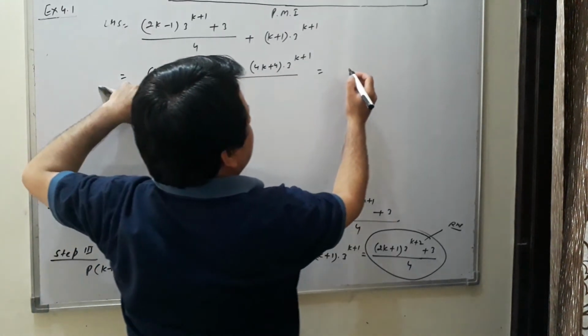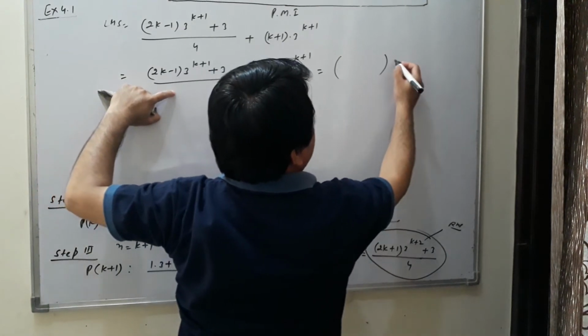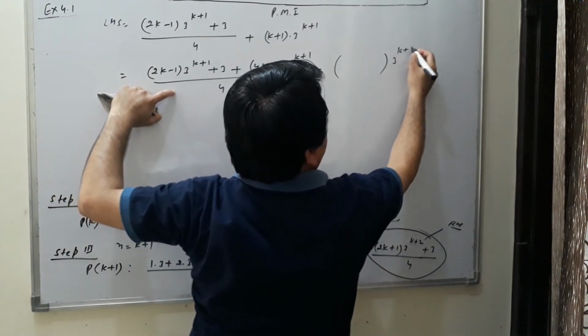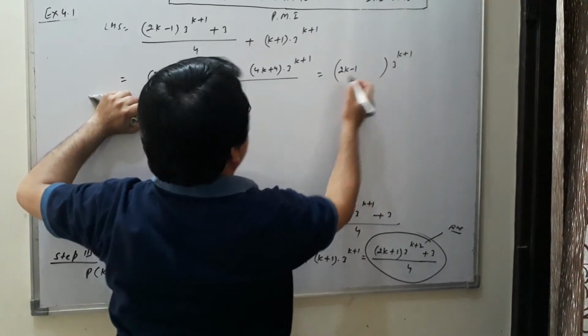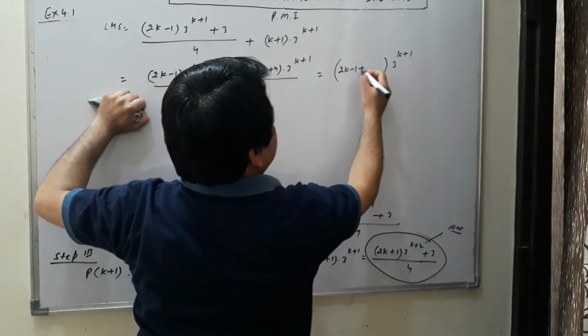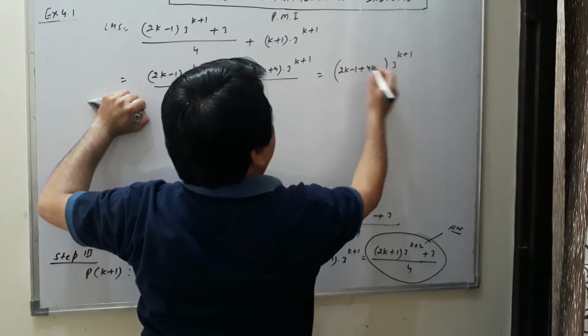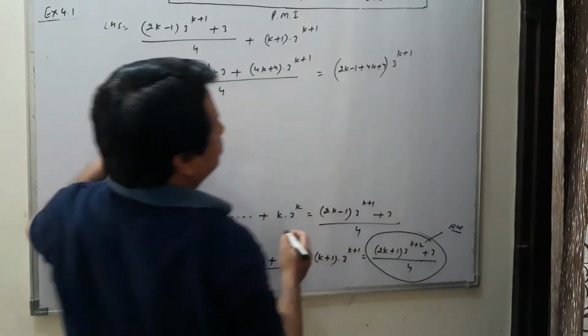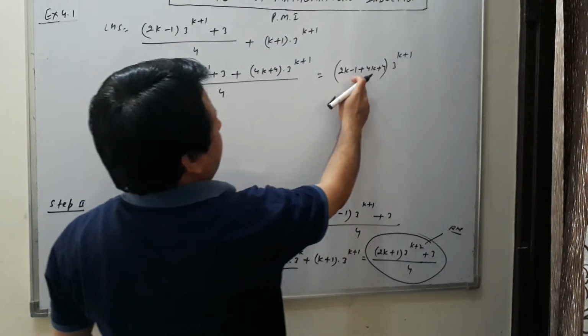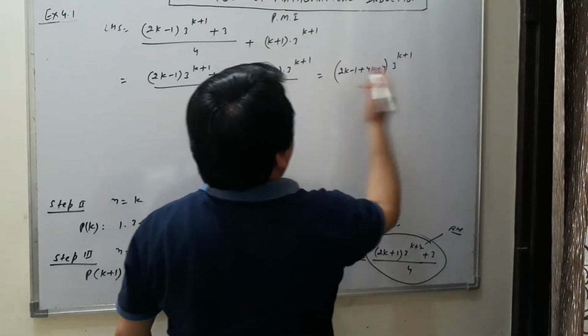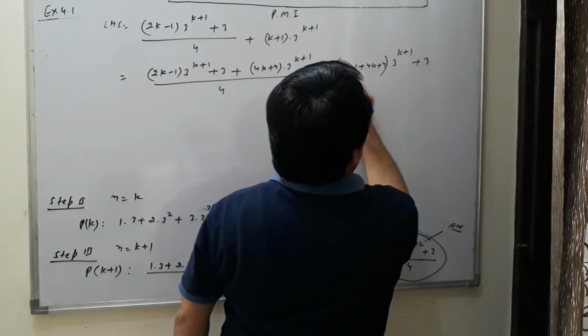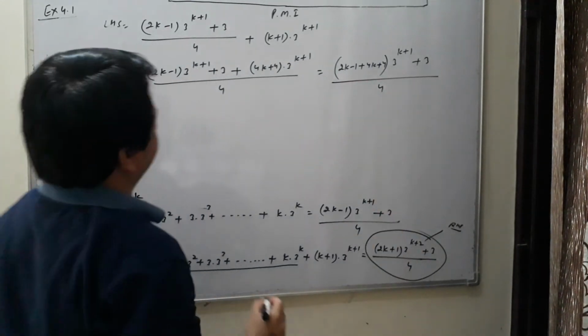So we will take this 3 its power is k plus 1 common. What is inside? This is 2k minus 1 and this is 4k plus 4. So it will come as (2k minus 1 plus 4k plus 4) 3 its power is k plus 1 plus 3 upon 4 then, students.